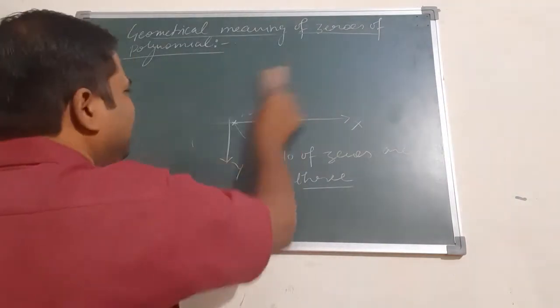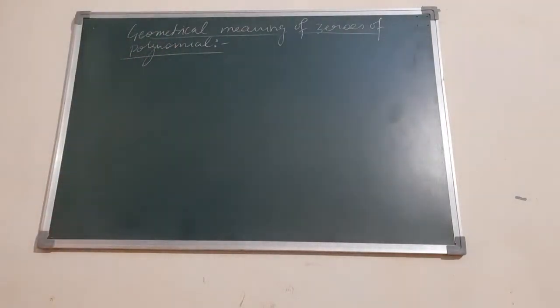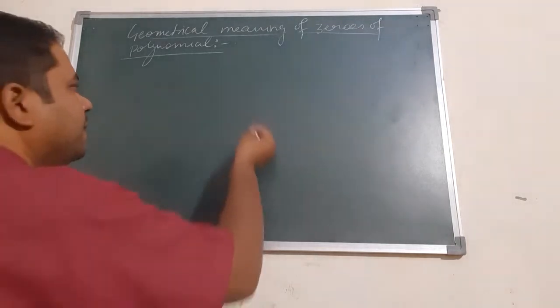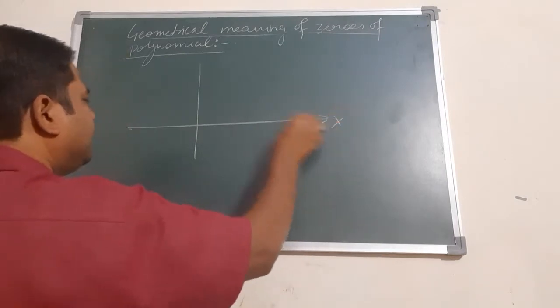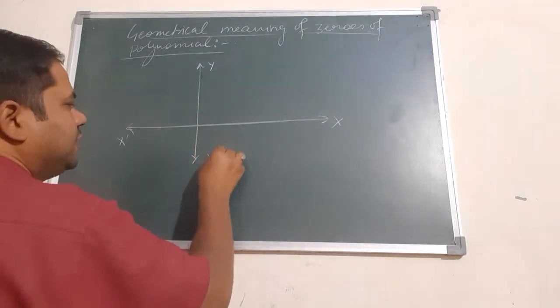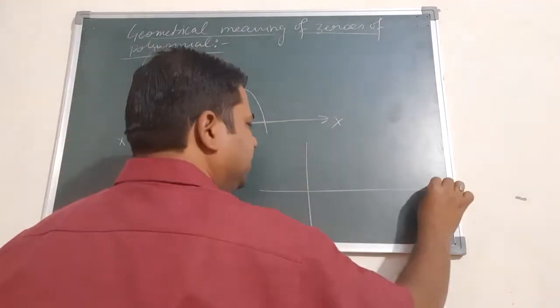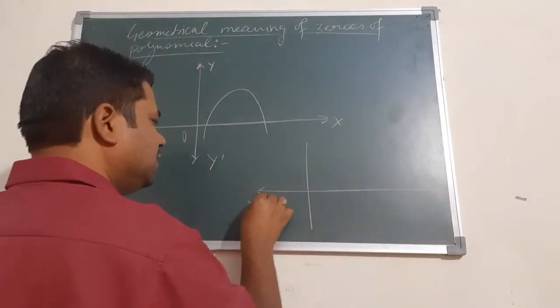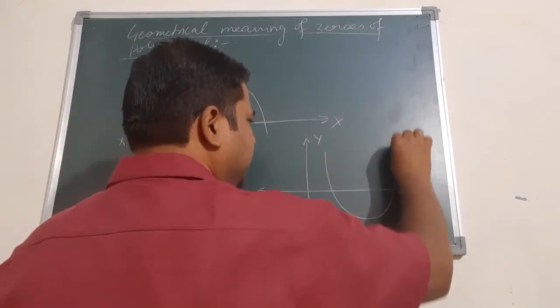Now see some cases. Maybe x dash, y dash, origin, maybe this case, and maybe x dash, y dash, maybe this case.